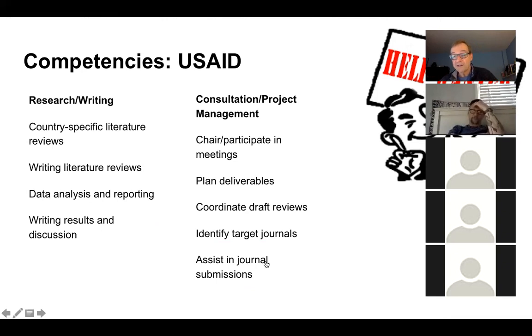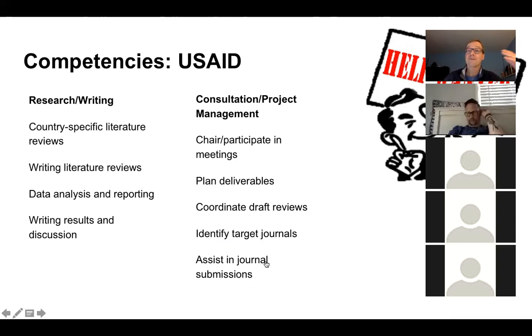So for USAID, we have country-specific needs for writing research papers and literature reviews. Can someone please do a literature review for me on the prevalence, epidemiology, and current treatment approaches for hypertension and type 2 diabetes in Thailand?